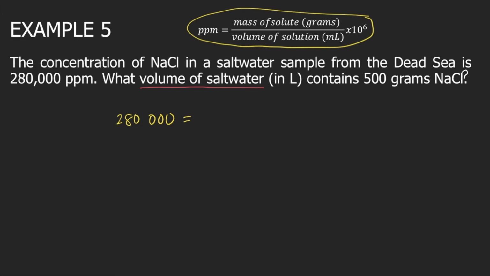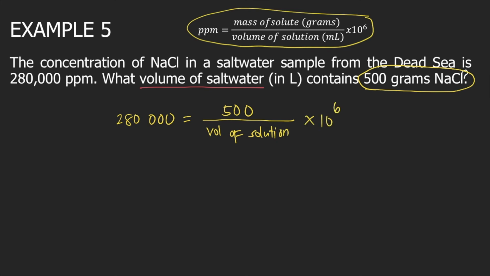This is equal to the mass of solute in grams. So we are given 500 grams of NaCl. So 500 grams of solute divided by the volume of solution in ml, which is not given in the problem. So just write volume of solution. Don't forget times 10 raised to 6.